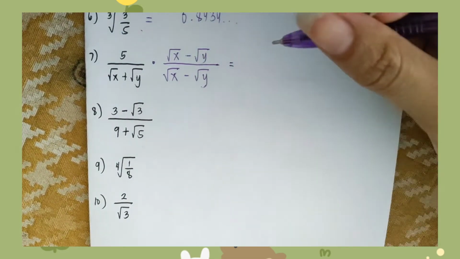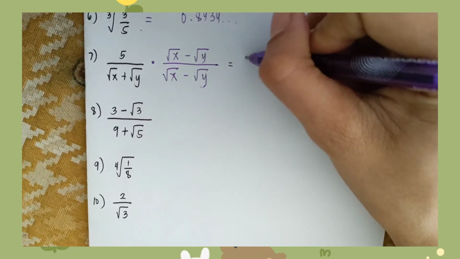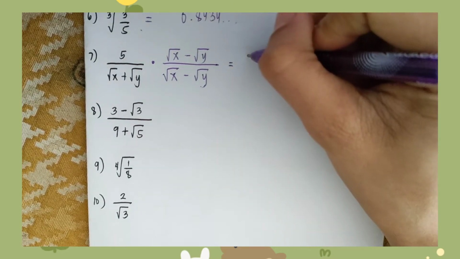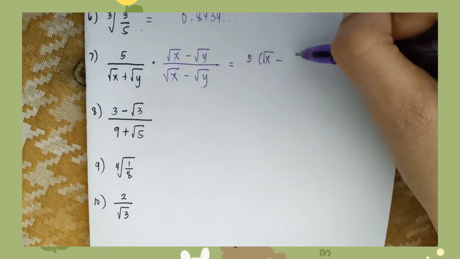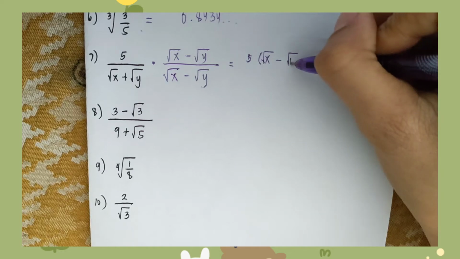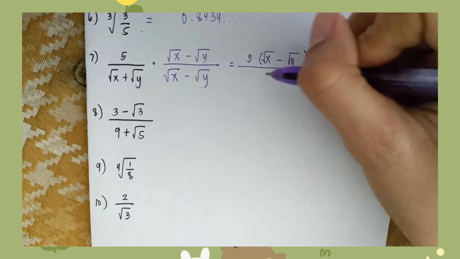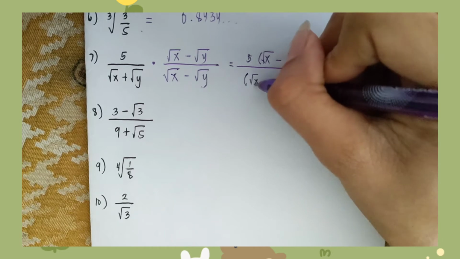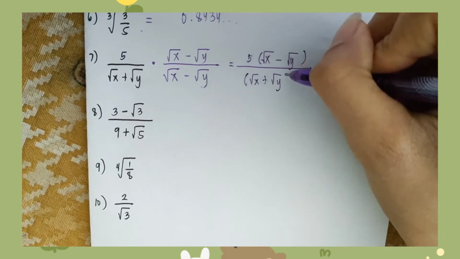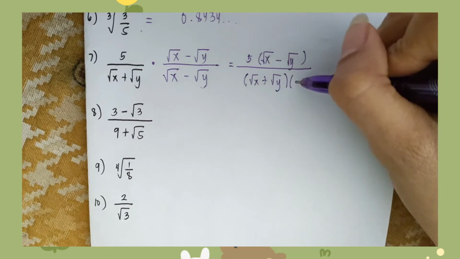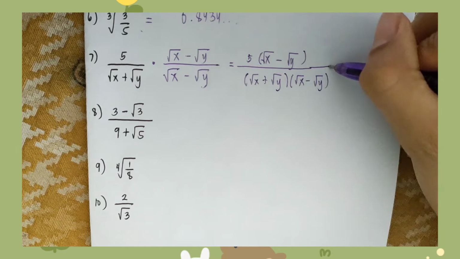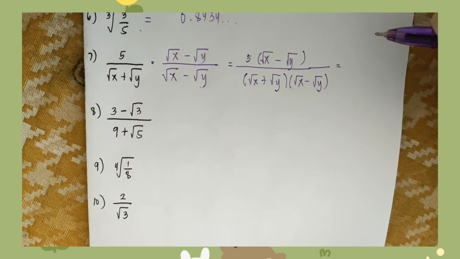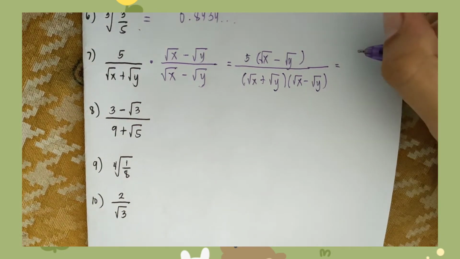Okay. So let's multiply. We have here 5 times square root of x minus square root of y, all over square root of x plus the square root of y times the quantity of square root of x minus square root of y, equals, okay, just copy your numerator because it can't be simplified any further.